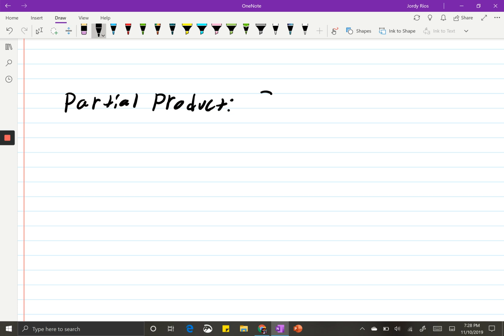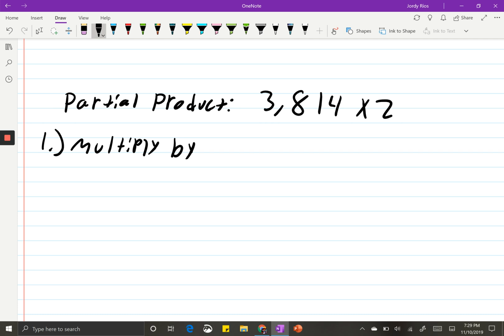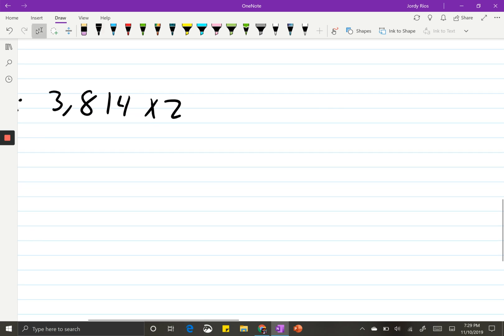Okay. Again, using the same numbers, 3,814 times 2. So with this one, my only step is to just multiply by their value. So again, let's break this down.